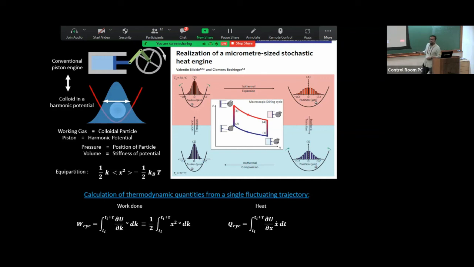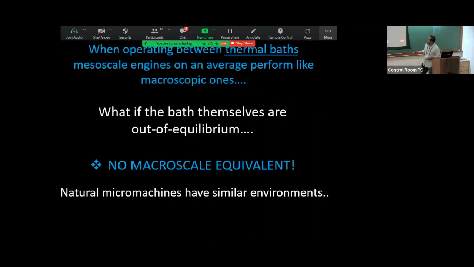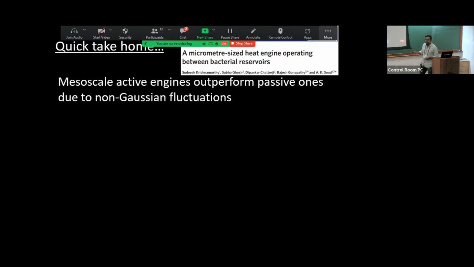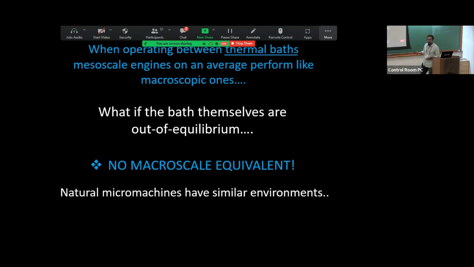But when you have the bacterial reservoir, it doesn't quite scale accordingly. The stiffness values themselves are dependent on the correlation that is present in the system, this exponential. So what appears as Kmin and Kmax in this case is slightly elusive to calculate just by looking at the distribution for a finite time. I think we'll move on to the next talk.